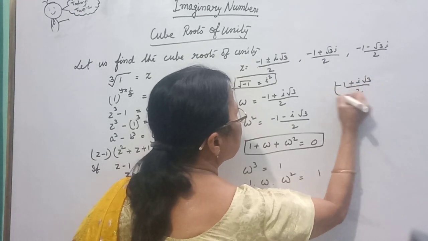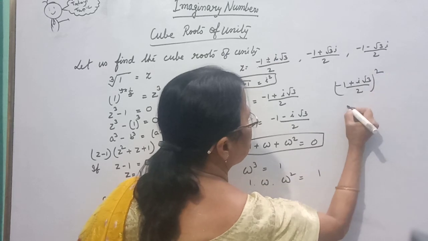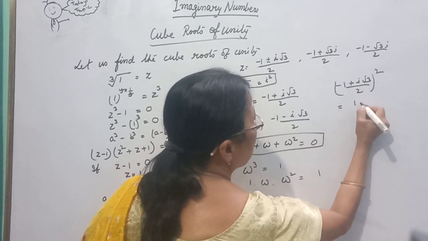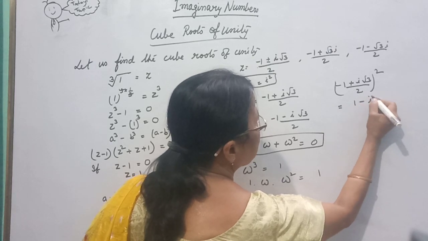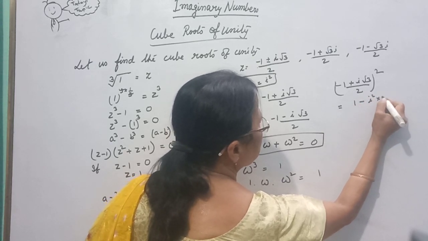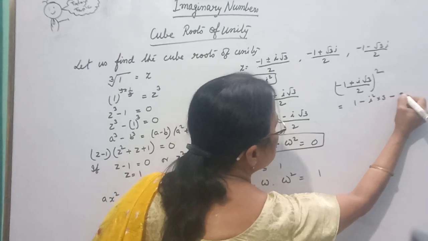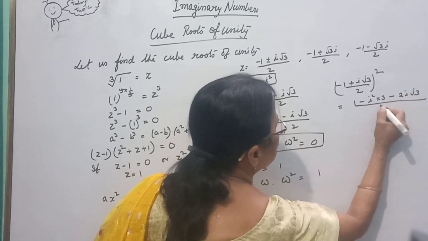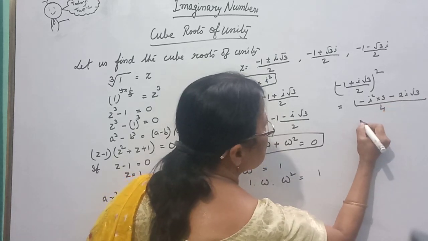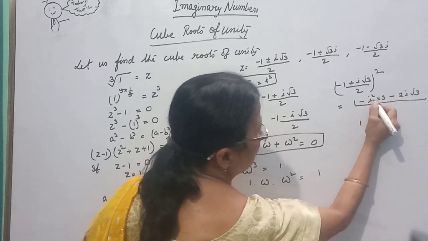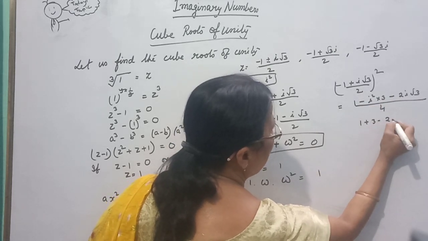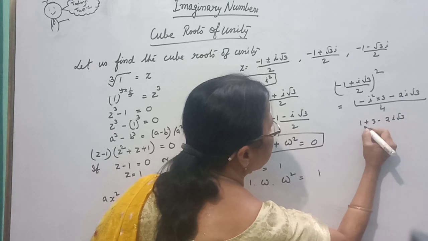If we square this, what do we get? First let's check that we are speaking correctly. This is 1 minus i square into 3 minus 2 into i root 3, divided by 4. So this is, i square being minus 1, 1 minus 3 minus 2 i root 3 divided by 4.